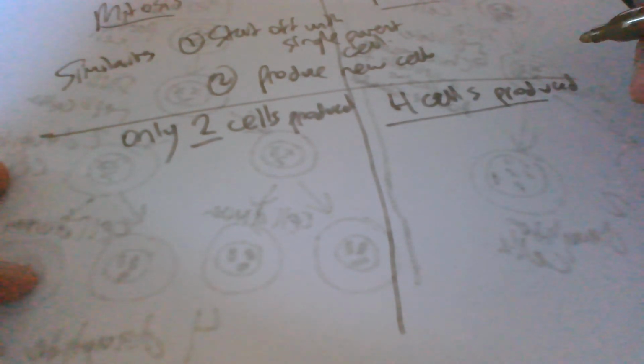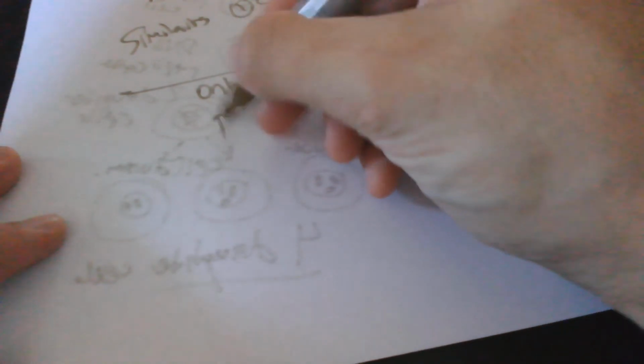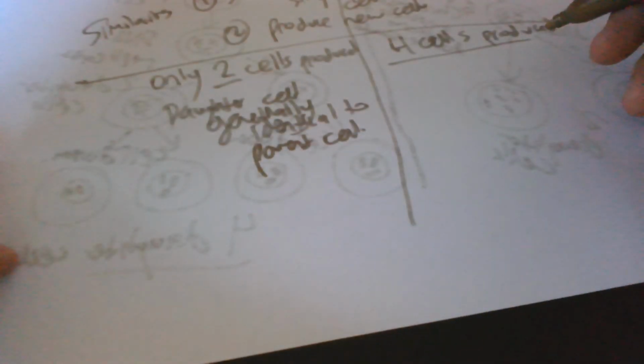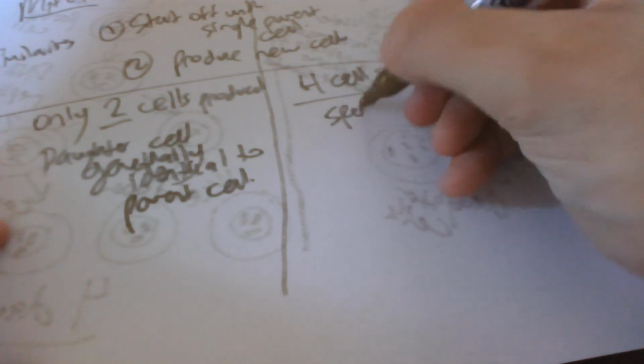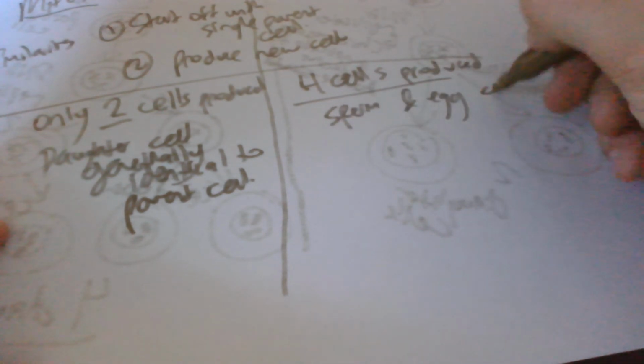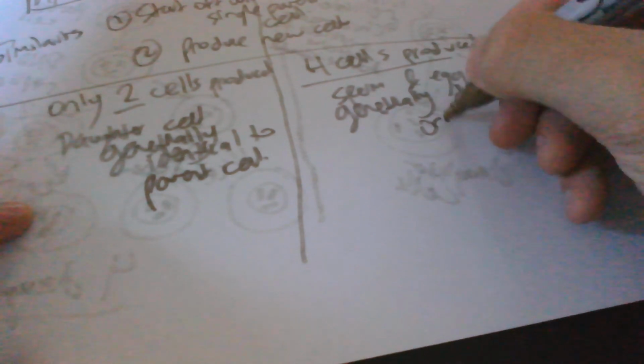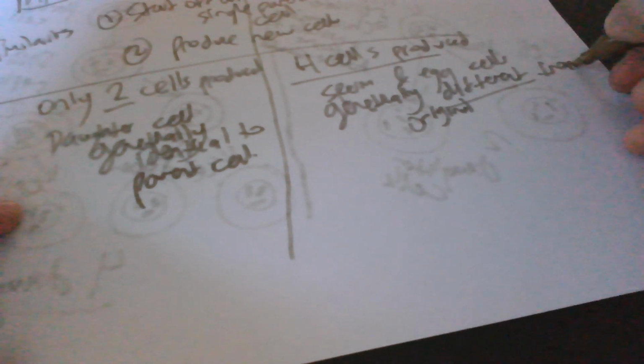Okay, what else? Well, in mitosis, the daughter cells are genetically identical to the parent cell, right? Whereas here, in meiosis, the sperm and egg cells are genetically different from the original mother cell, right?